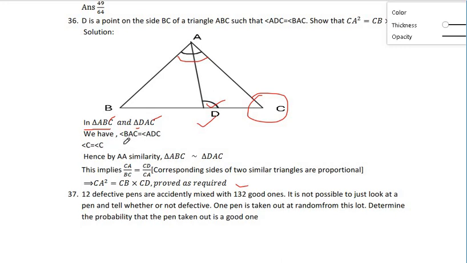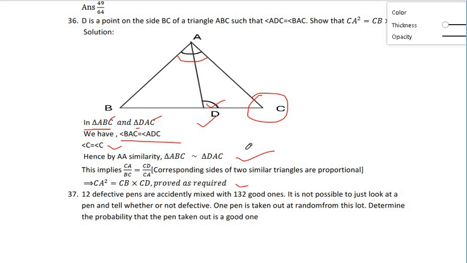Now we are already given BAC equal to ADC, and also C equal to C. So these two triangles are similar by the AA similarity. We can take two angles only, no need to take three angles. The third angle will automatically be satisfied if two angles are satisfied.